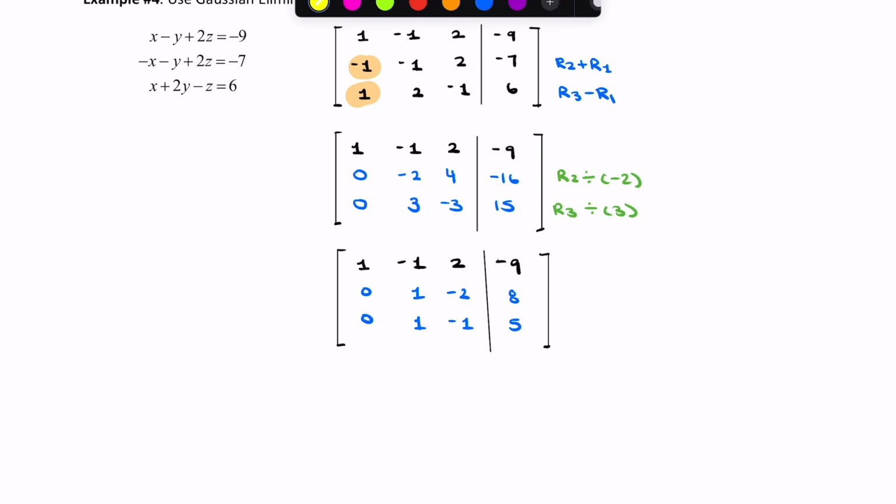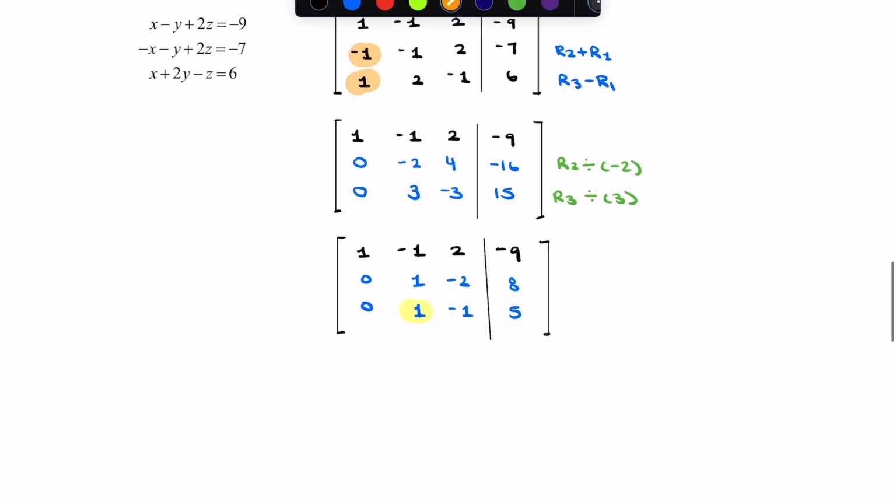And so here we have to make this value of 1 equal to 0. So we'll take our row 3 and subtract that by row 2.